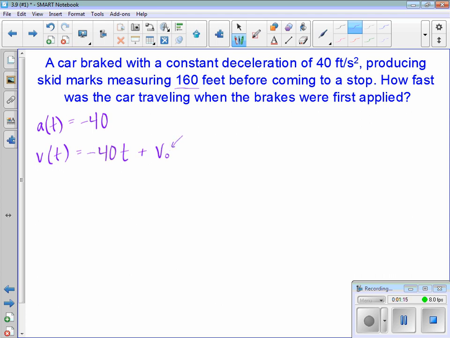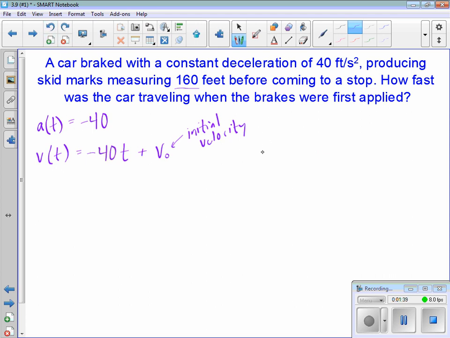What v naught is, it's your initial velocity. Whenever you see that little 0 down there, that's just the initial. In integrated math and Algebra 2, you saw things like this. That was just your initial height, okay?